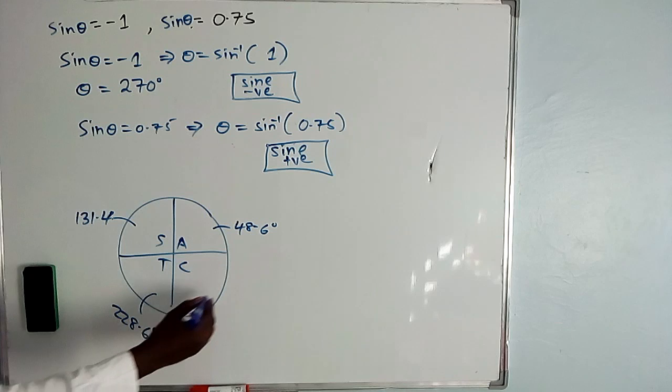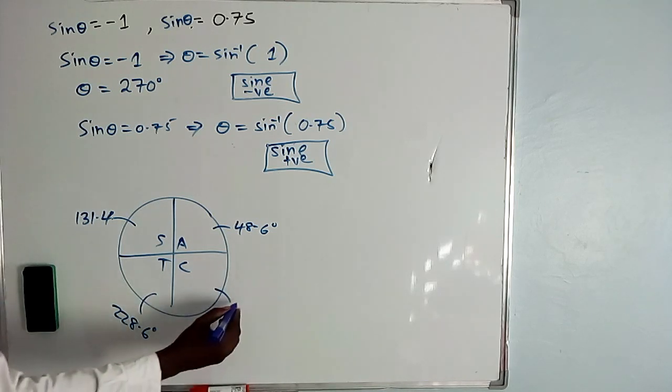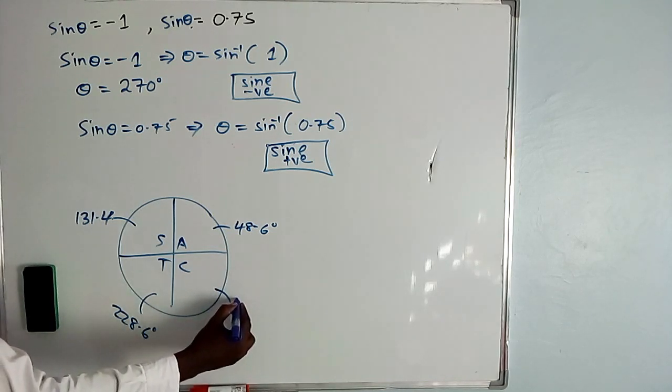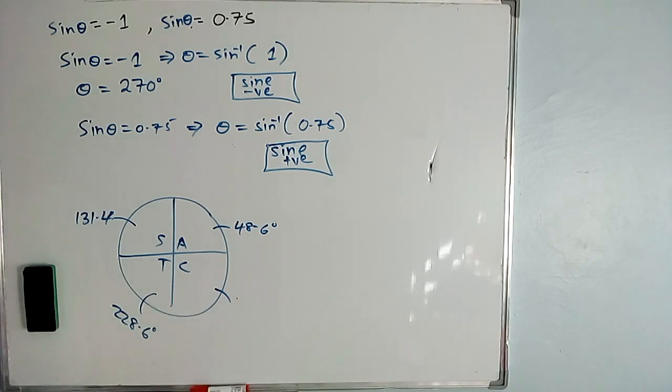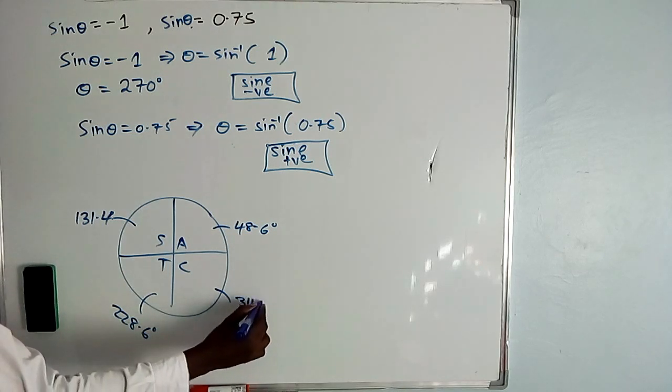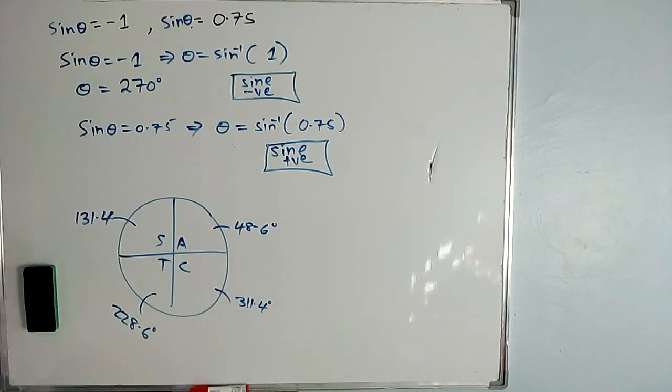Then the last quadrant, 360 minus 48.6 degrees, you have 311.4 degrees.